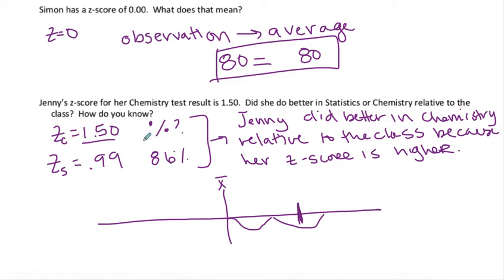It is perfectly okay to have z-scores be compared even if their raw scores are not going to be compared the same way. So it's possible that the class average on this was a 60. Like maybe the chemistry test was really hard and people did poorly on it. And maybe they didn't have a lot of variation.